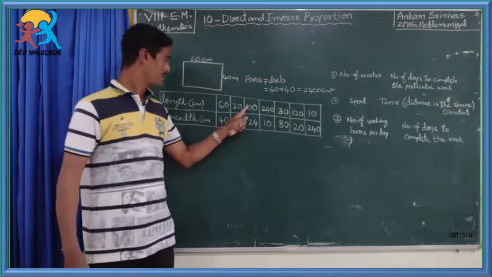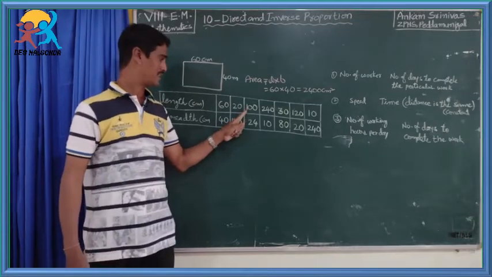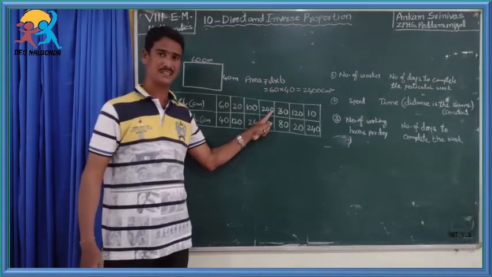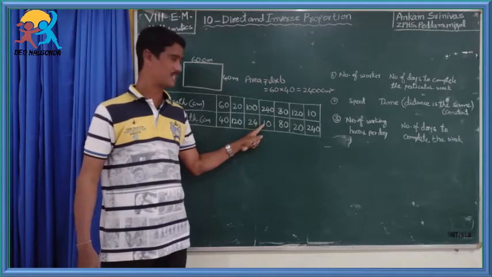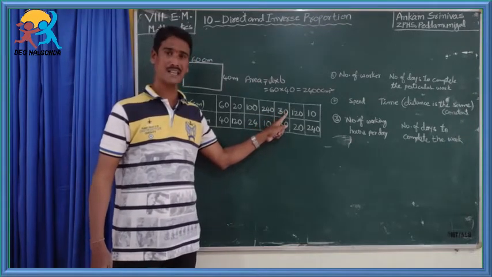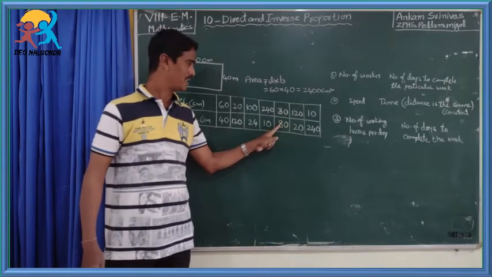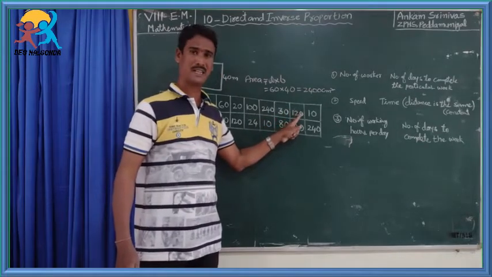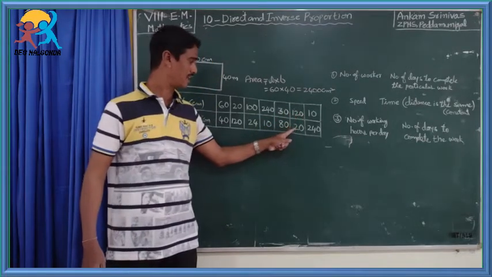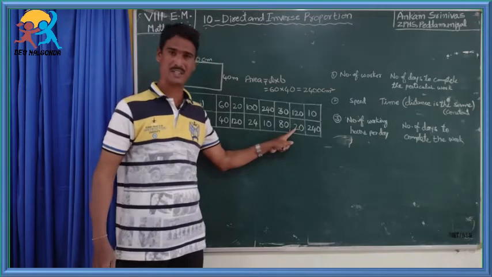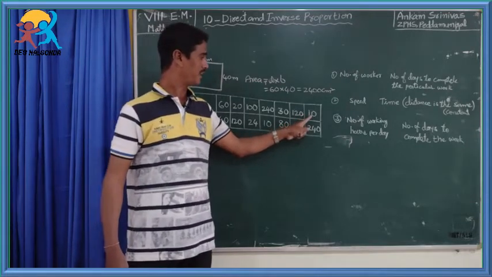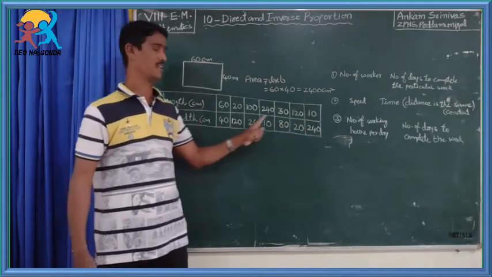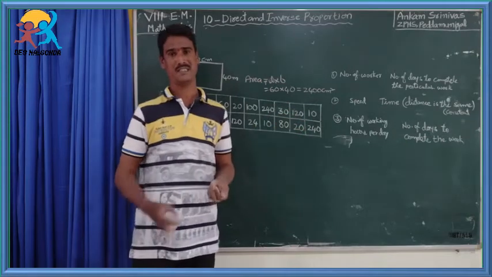If the length is 100 centimeters, the breadth is 24 centimeters. If the length is 240 centimeters, the breadth becomes 10 centimeters. If the length is 30 centimeters, the breadth is 80 centimeters. If I take 120 centimeters as length, the breadth becomes 20 centimeters. If I take 10 centimeters as length of a rectangle, then its breadth becomes 240 centimeters.